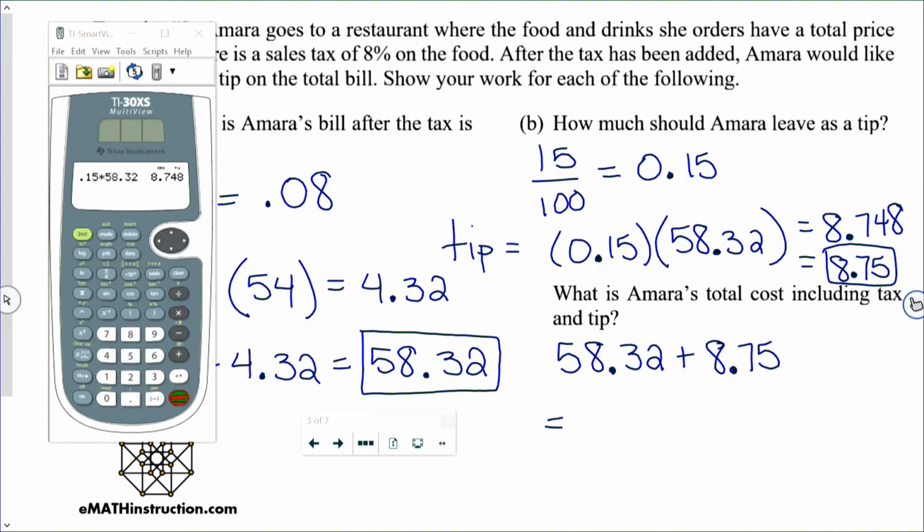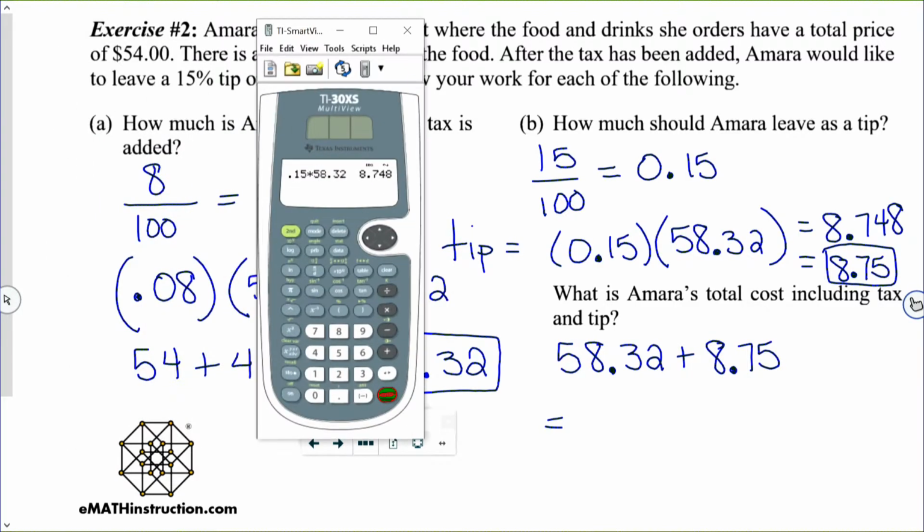This one I don't feel like doing in my head. All right, so let's add those up. 58.32, there we go, plus 8.75, enter. And her total bill is $67.07.